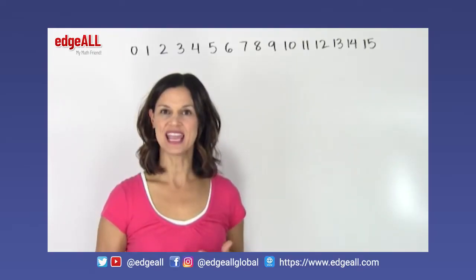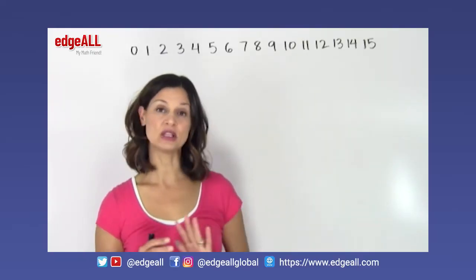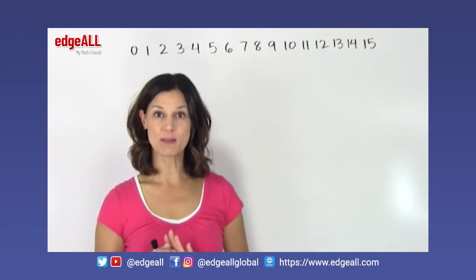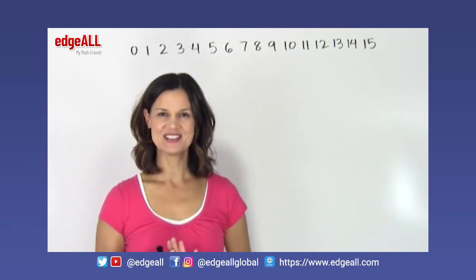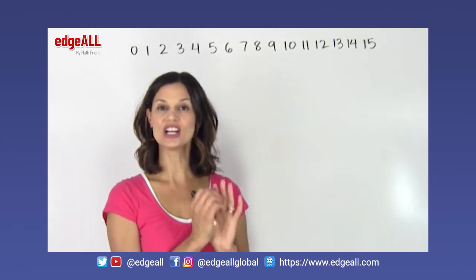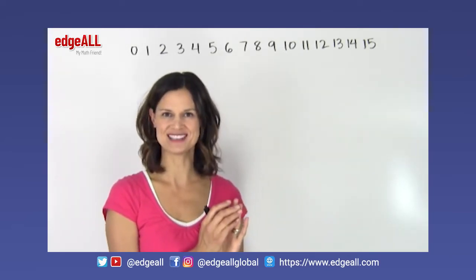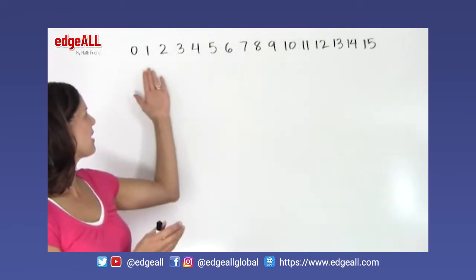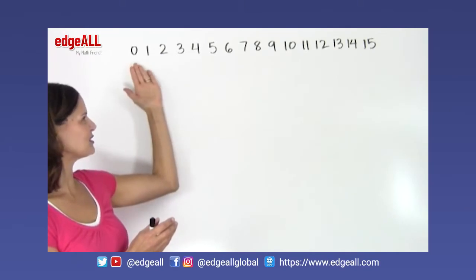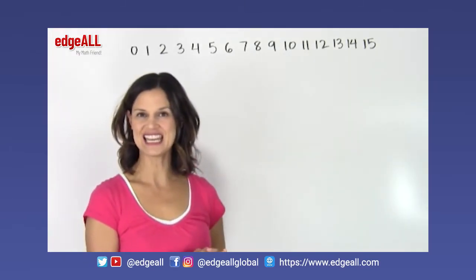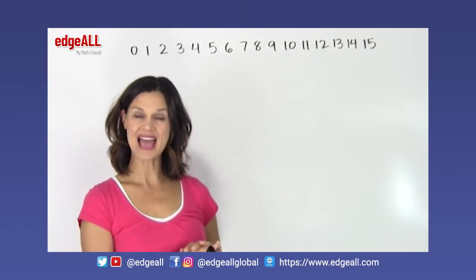We are counting in order from lower or smaller numbers to higher or larger numbers. So, for example, I have the numbers from 0 to 15 written on the board behind me.